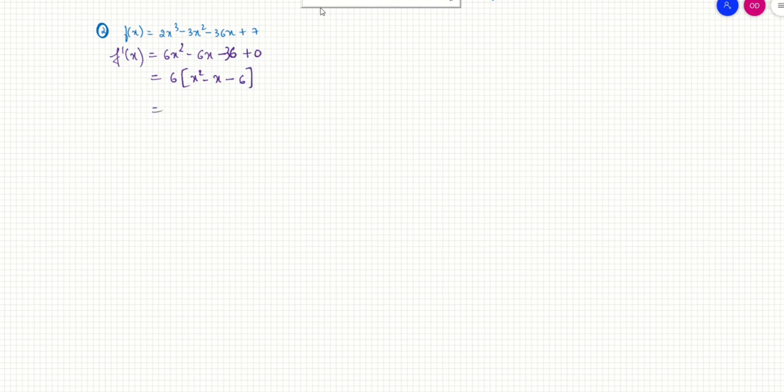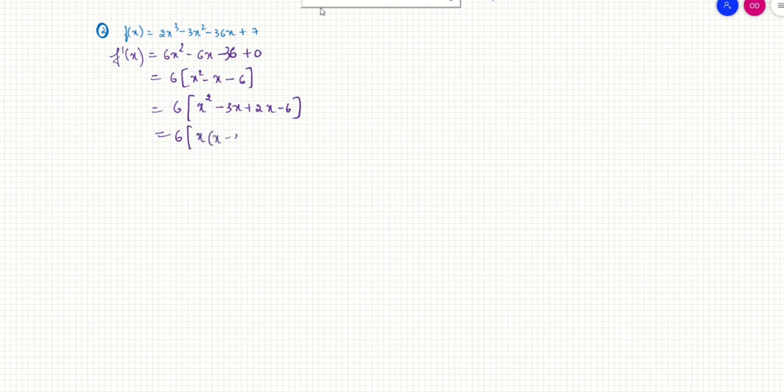So we can factorize this. We want the product to be minus 6 and the sum to be minus 1. So the numbers are minus 3 and plus 2. So x square minus 3x plus 2x minus 6. So this can be again written as, in the first two terms we have x common.